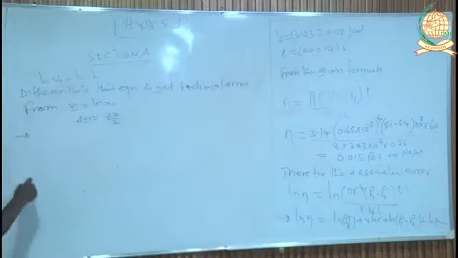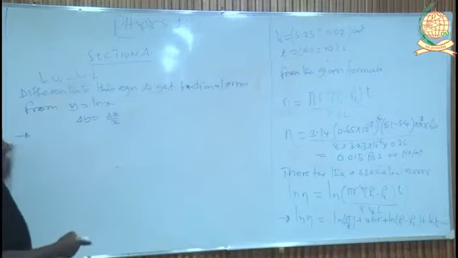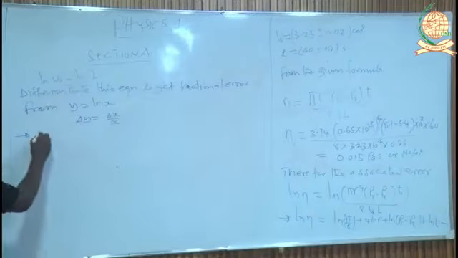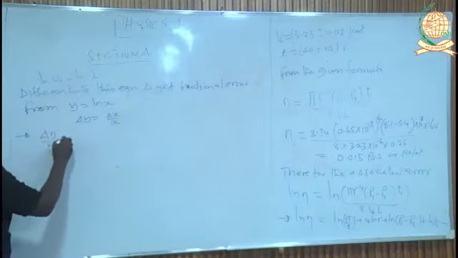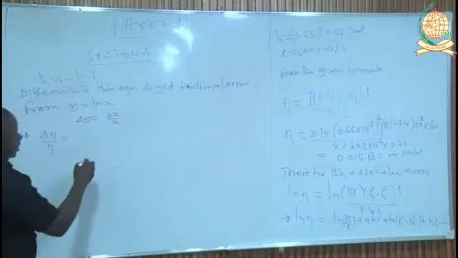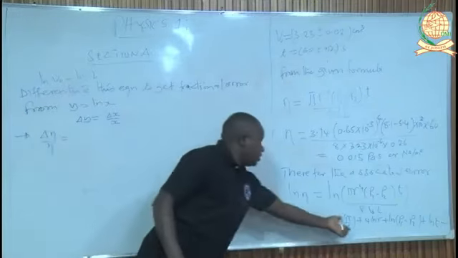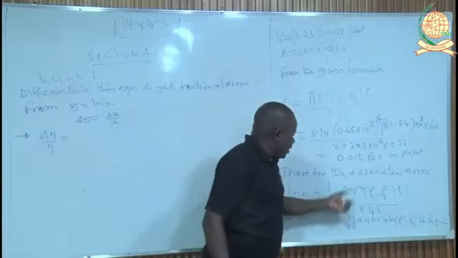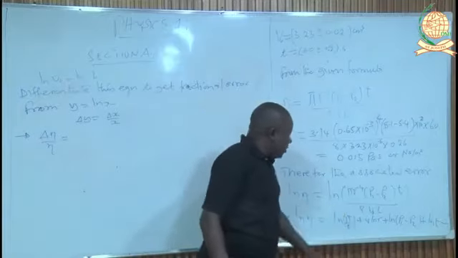Therefore, the change in this one over itself will be change in eta over eta equals to change. Here is the constant, therefore the derivative of the constant is 0, and 0 over this number is also 0.